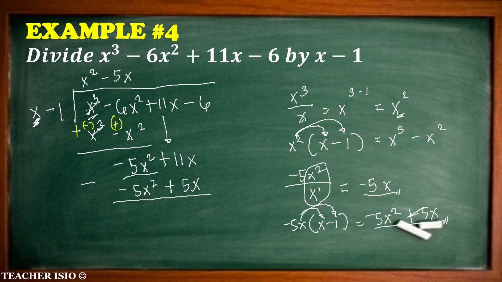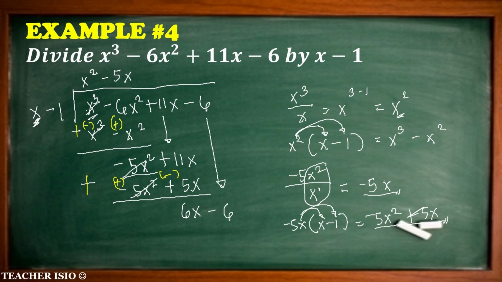Ano ulit mangyayari? Magiging plus to. Ito ay magiging positive. At ito naman ay magiging negative. Let's continue. 11x plus negative 5x, we have 6x. Negative 5x squared plus positive 5x squared, 0 na yan. So, we have 6x. I-bring down natin si negative 6.